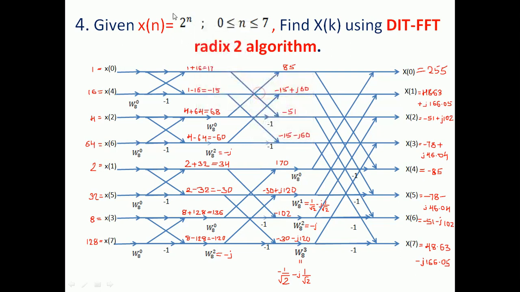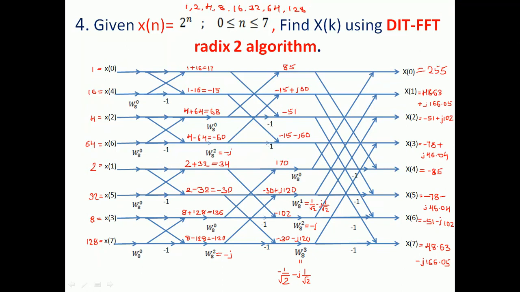So you will get the sequence as: first 1, then 2 raised to 1 is 2, then 2 raised to 2 is 4, then 8, then 16, then 32, then 64, then 128.